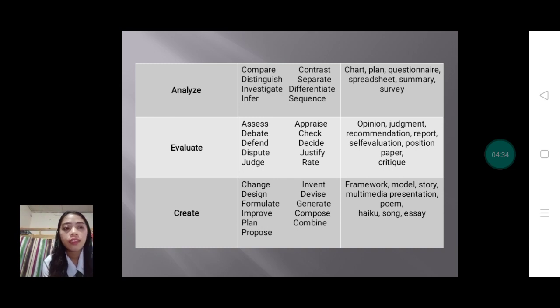In learning objectives, as you can see, there are sample action words that you could use in making your learning objectives.